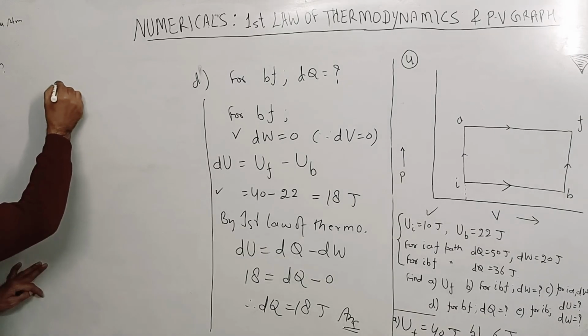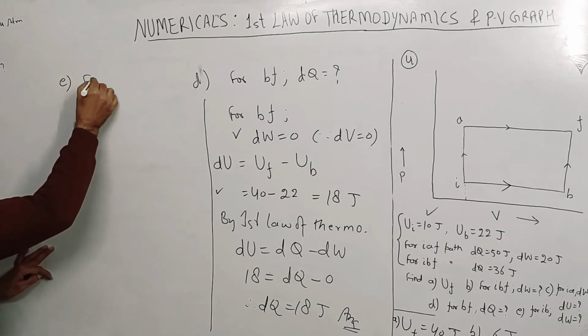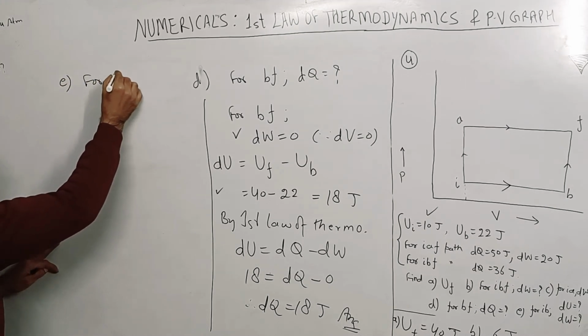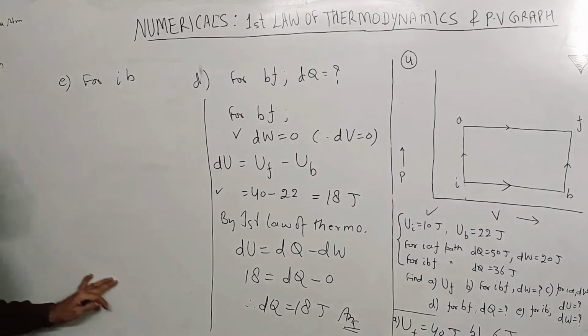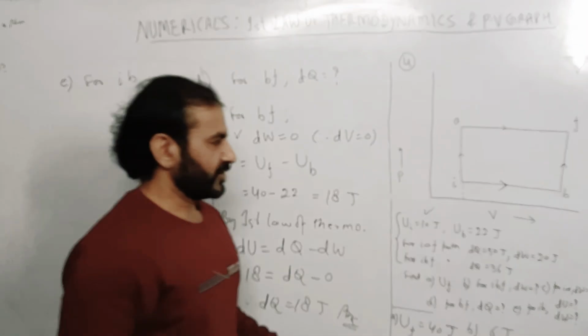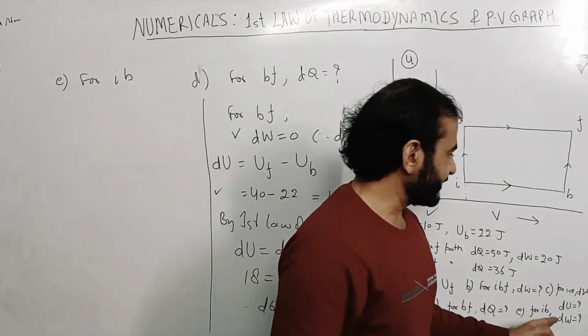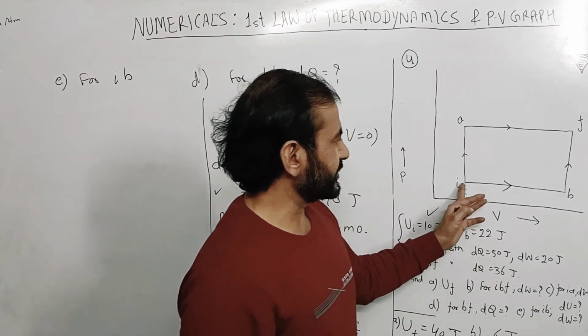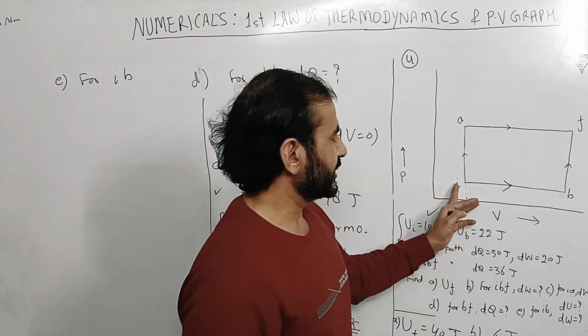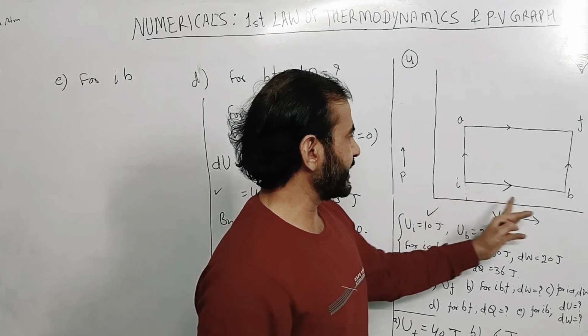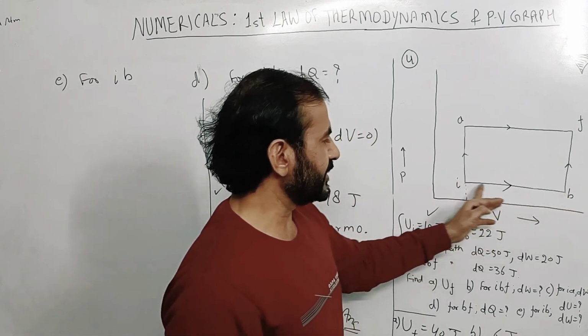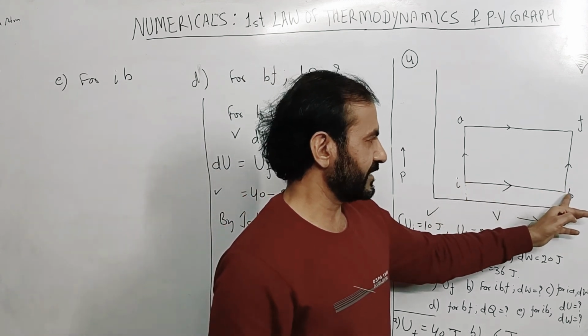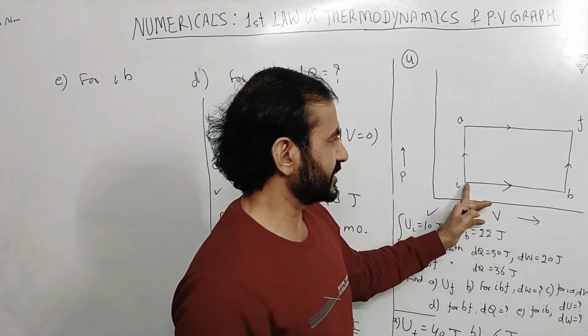See, this is E part. For IB, observe the problem. For IB, dU, the change in internal energy. If we have Ui and Ub, you can find dU, final internal energy minus initial.